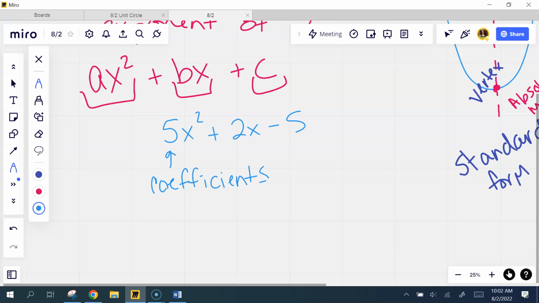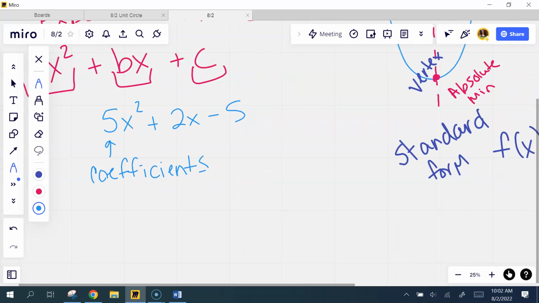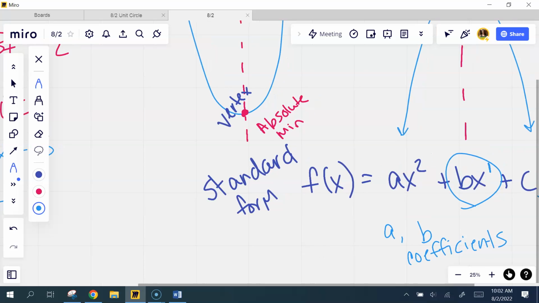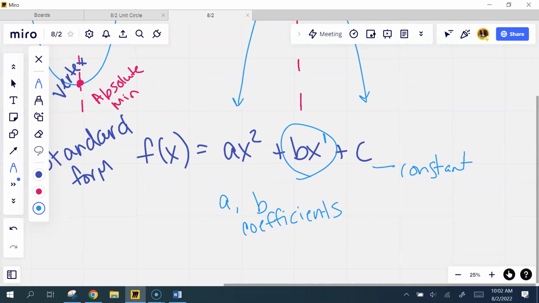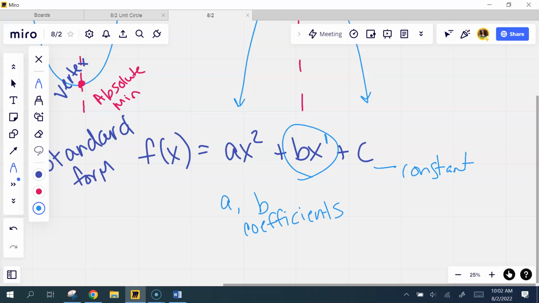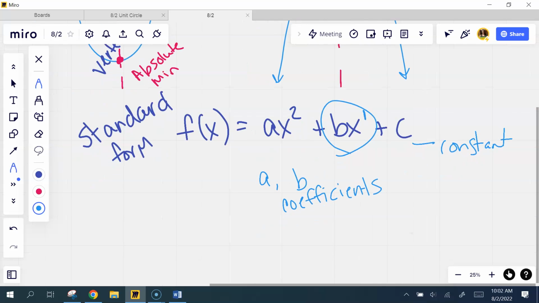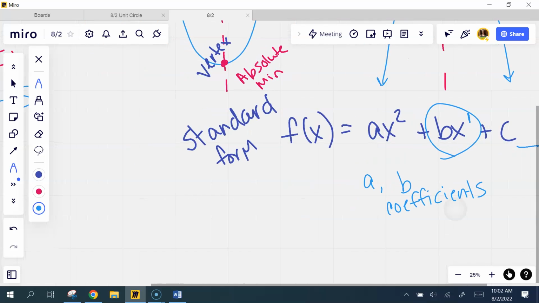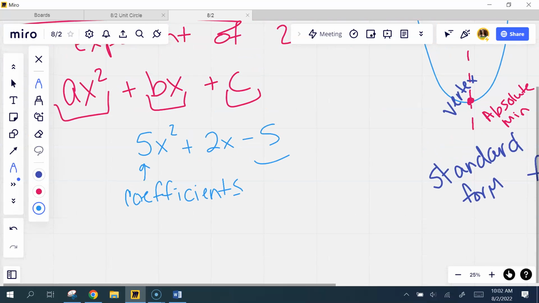Everybody good? Am I going too fast? Sure? All right, you got to speak up if I am because I'll just keep on going. And we got the constant there. Somebody tell me, do you have any idea what that constant might do to the equation or to the parabola? It's the Y-intercept. Moves it up or down. It absolutely does.